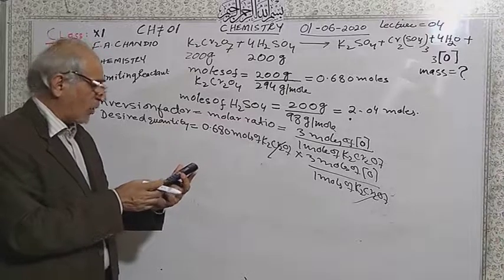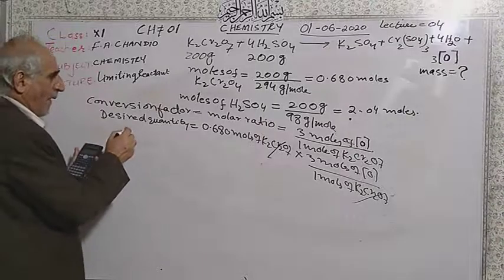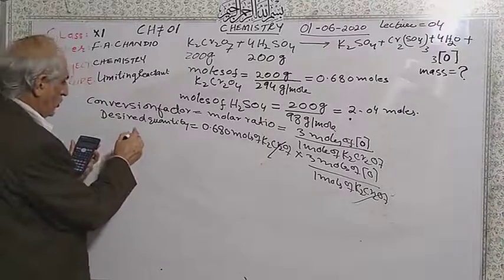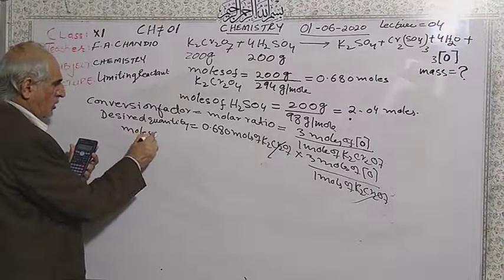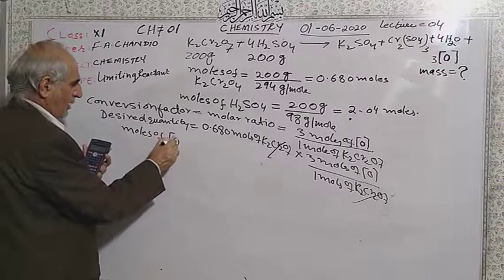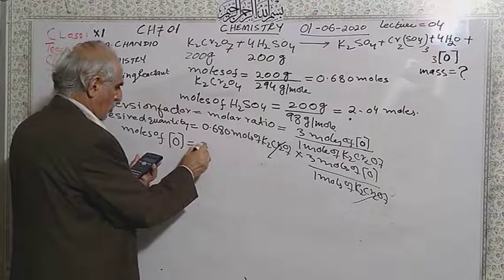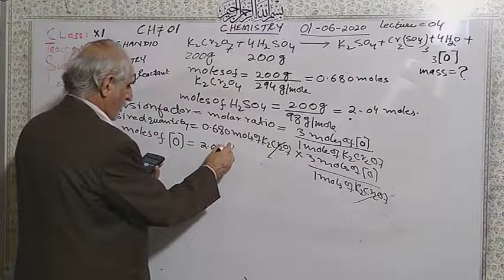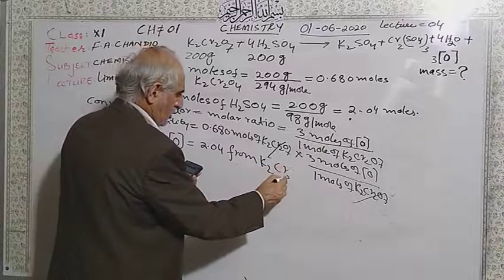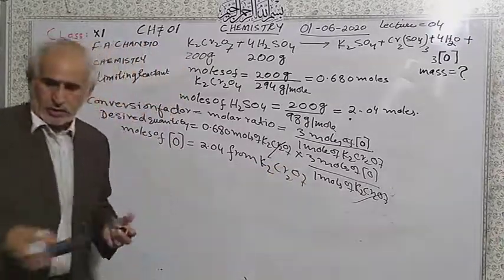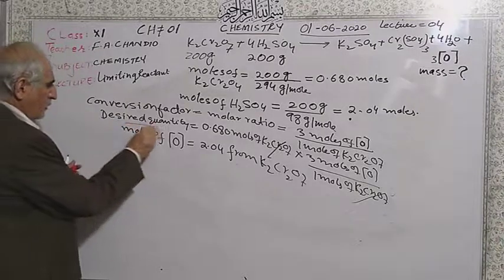So the answer is 2.04. So moles of nascent oxygen is equal to 2.04 from potassium dichromate.